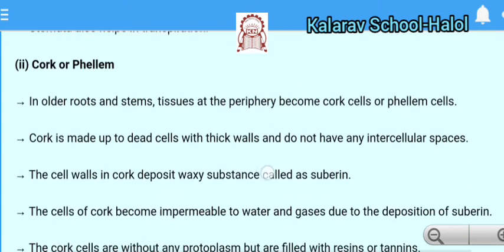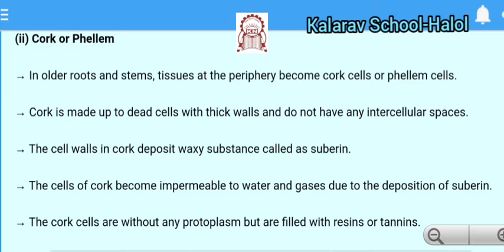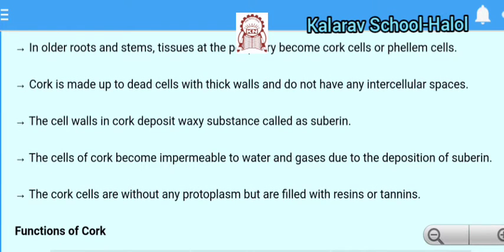Next is cork. In older roots and stems, tissues at the periphery become cork cells or phellem cells. Cork is made up of dead cells, so it does not have intercellular spaces. The cell wall in cork has a waxy substance, so the cells of cork become impermeable to water and do not allow water molecules to come inside.